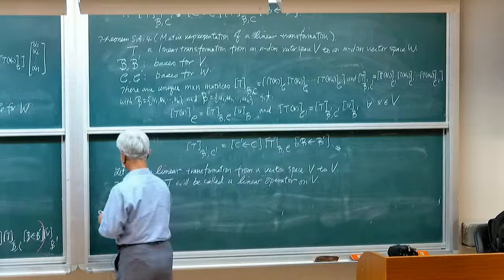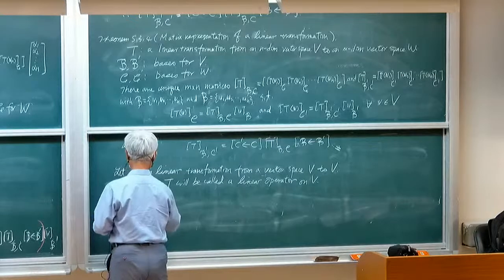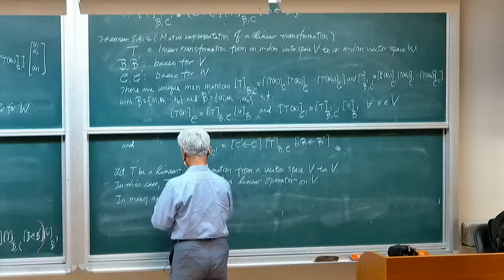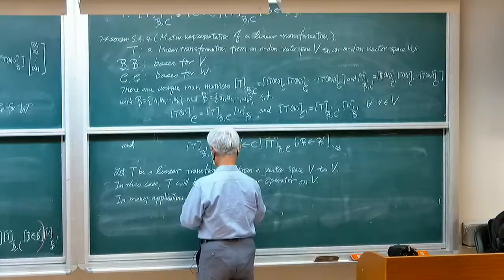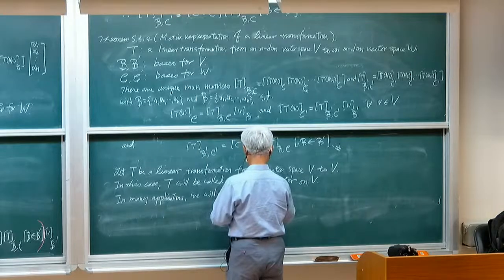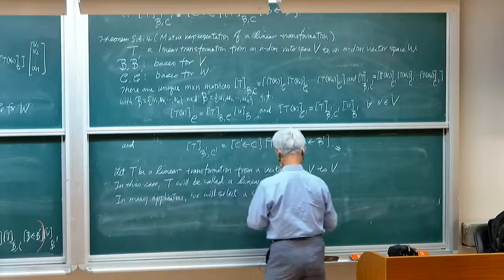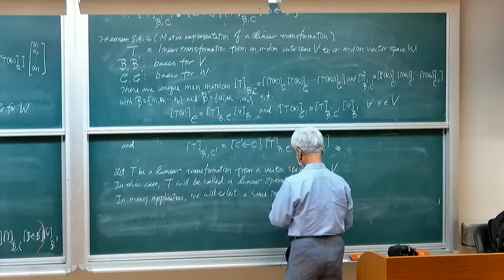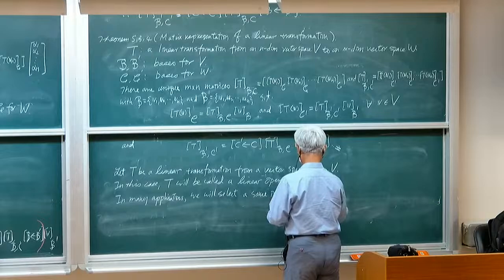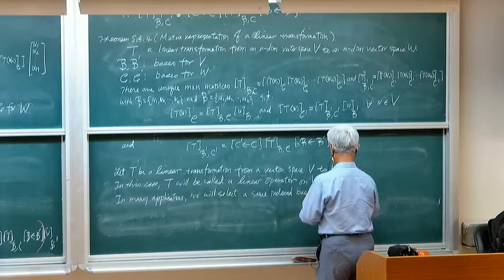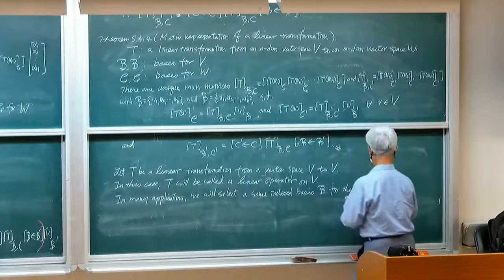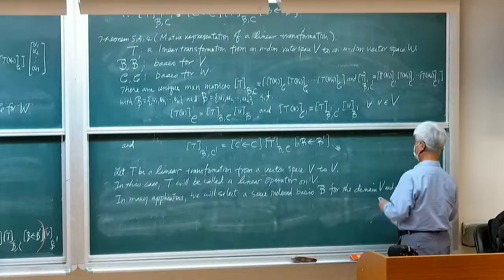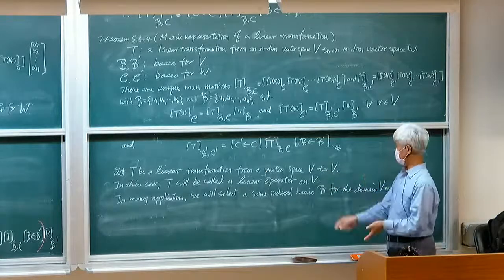Okay? In this case, in many applications, we will select a same ordered or indexed basis for the domain V and the codomain V. So now V serves as domain as well as codomain.